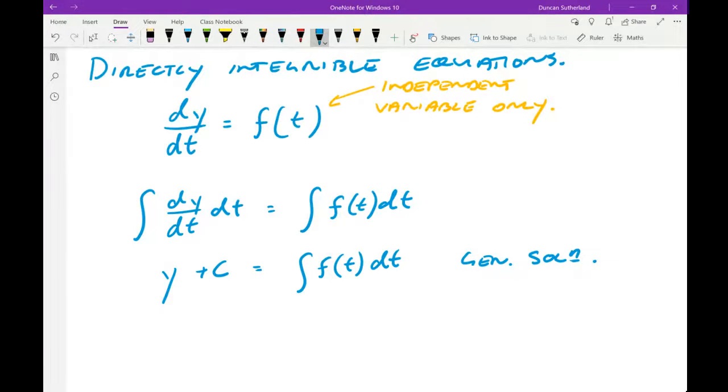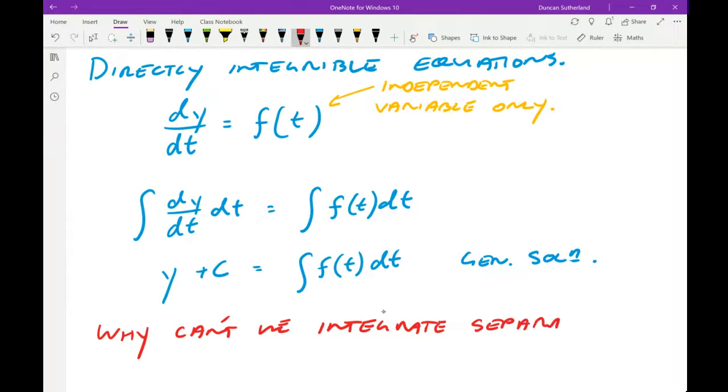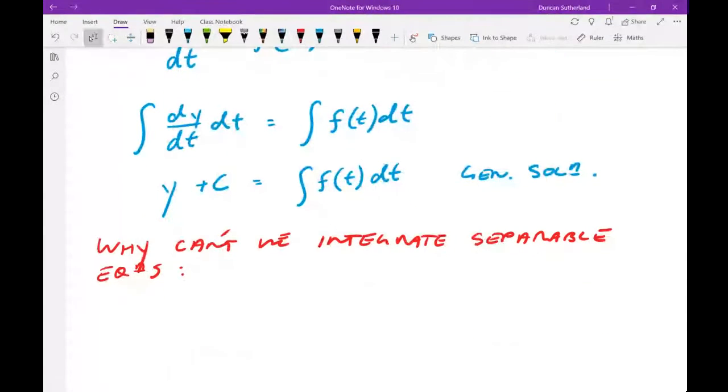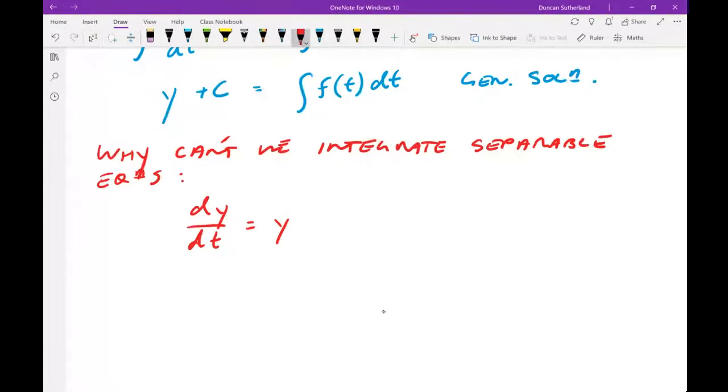Now, why can't we just directly integrate separable equations? Back to our simple example.